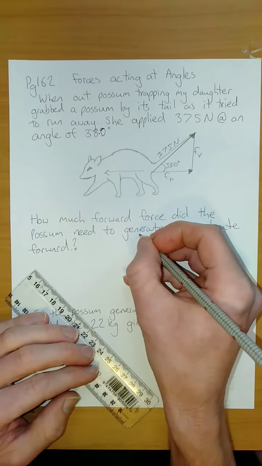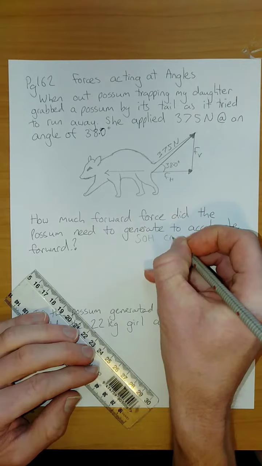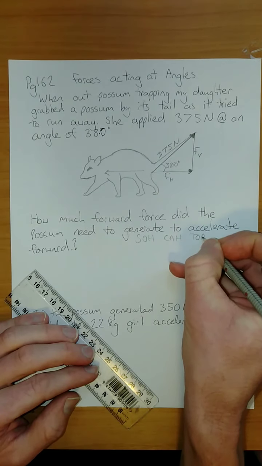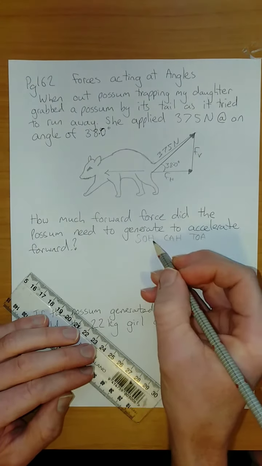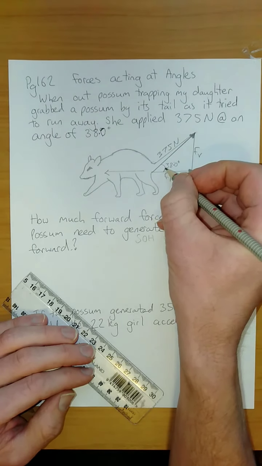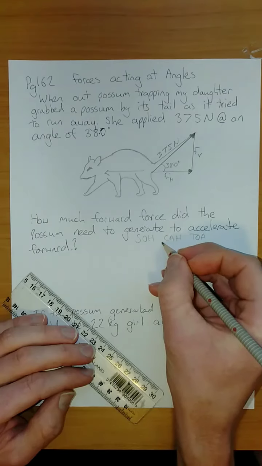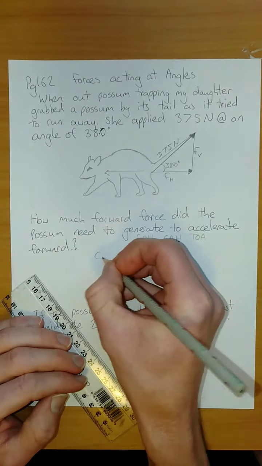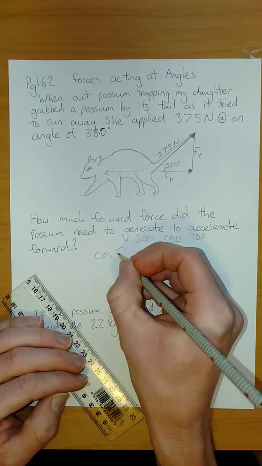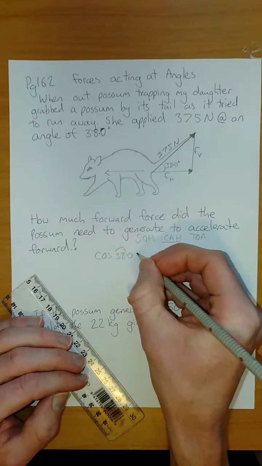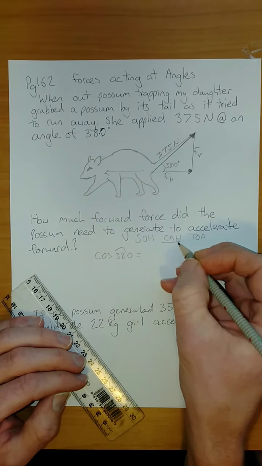So we'll write down our SOHCAHTOA. And what we've got here in regard to this angle is the adjacent and the hypotenuse. So we're going to be going with cosine. So cos 38.0 is equal to adjacent divided by hypotenuse.